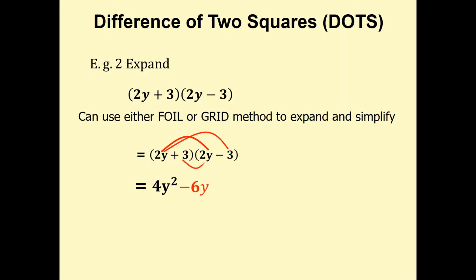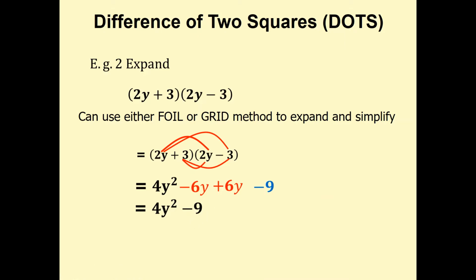And then positive 3 times 2y is positive 6y. And positive 3 times negative 3 is negative 9, and you can clearly see that minus 6y plus 6y will cancel out, and it simplifies to 4y squared minus 9, and this is in that form a squared minus b squared, because 4y squared can be written into 2y whole thing squared, and 3 squared over here for 9.